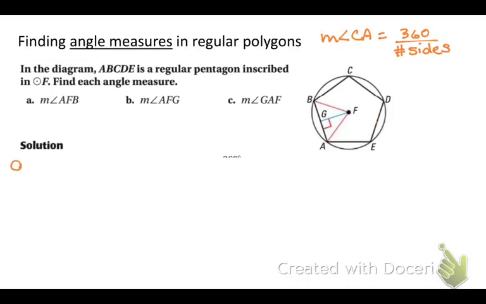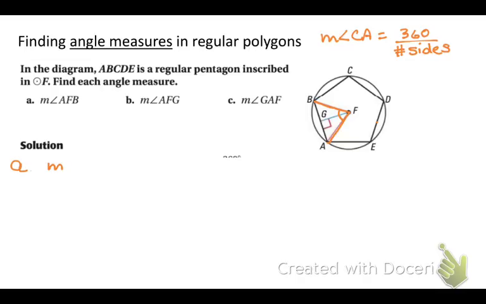So let's look at A. So A is the measure of angle AFB. You remember, you have to go in order. So AFB, we're looking for this angle. Obviously this is the central angle of that polygon.